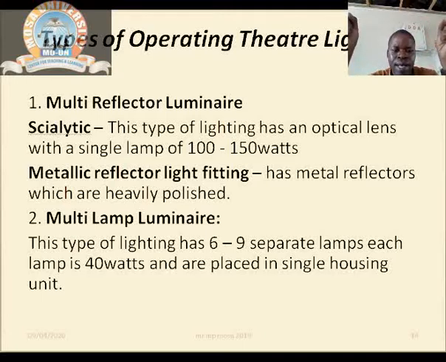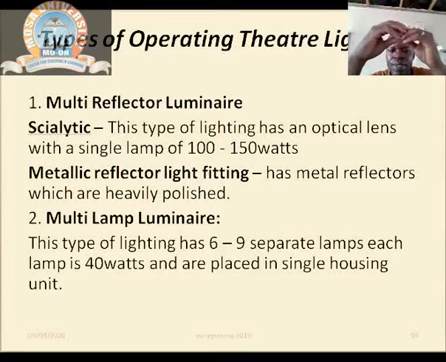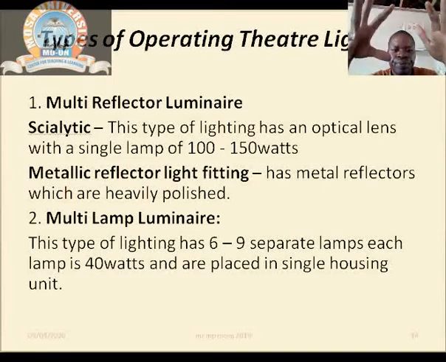Then the other second type is the mount lamp luminaire. This type of lighting has 6 to 9 separate lamps. Each lamp is about 40 watts and placed in a single housing unit. So under mount lamp luminaire, it's just like the cyclic type, but the only difference is that in a cyclic type, there is one bulb with high wattage, about 100 to 150 watts.